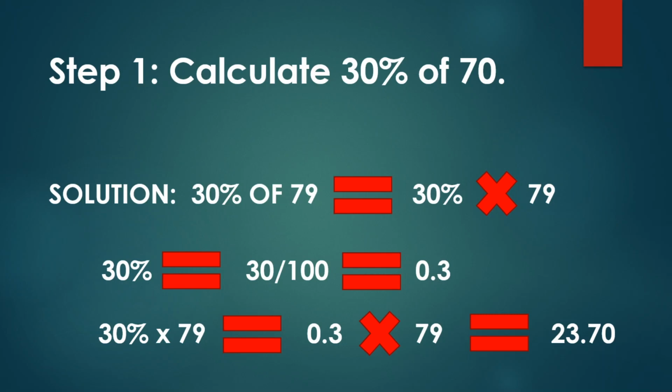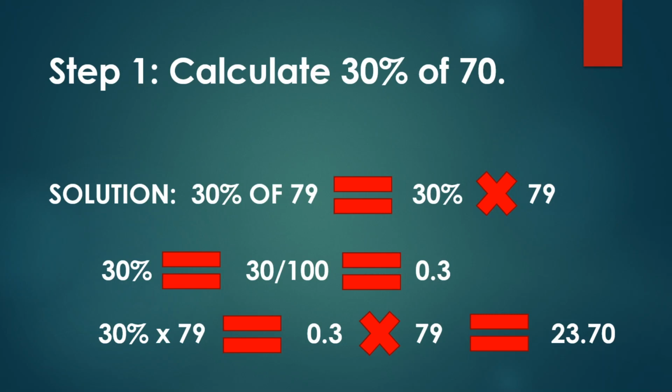We would know that it's the same as finding 30% times 79, and we'd figure out that 30% is the same as saying 0.3, because 30 divided by 100 is 0.3. So to calculate 30% of 79, we would put 0.3 times 79 into our calculators, which would give us 23.70.